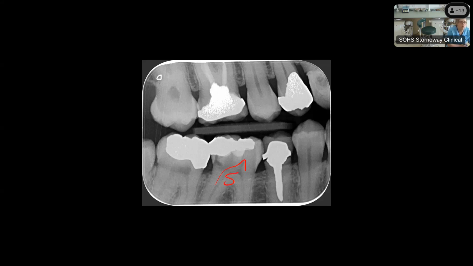Okay, anybody else want to? Is there any other pathology anybody wants to mention? No. I don't think there's any other radiolucencies that I would suspect to be caries, or the way I like to put it is the radiolucencies that warrant an ICDAS score on there.